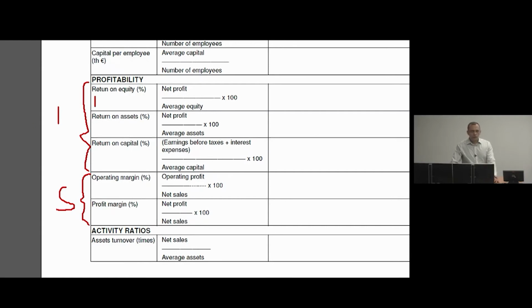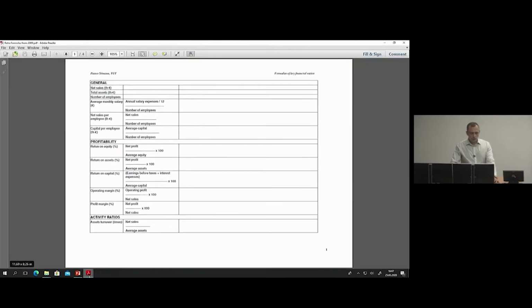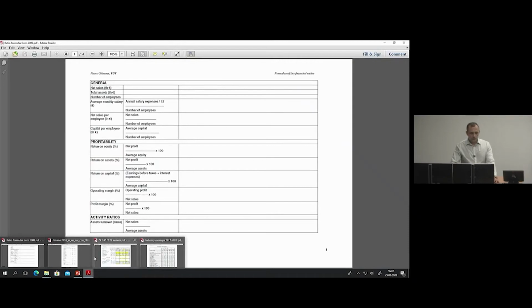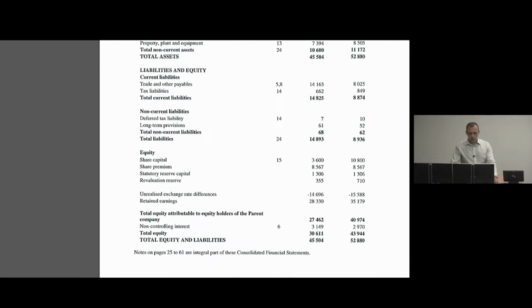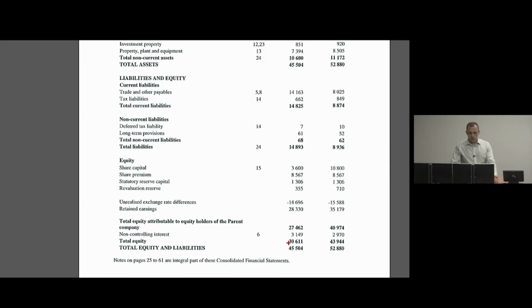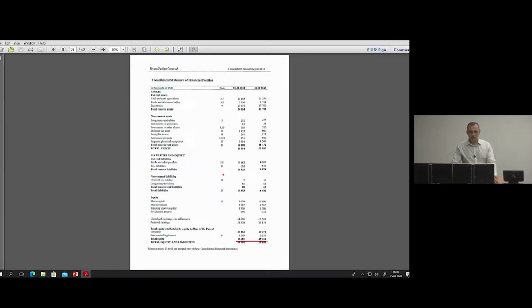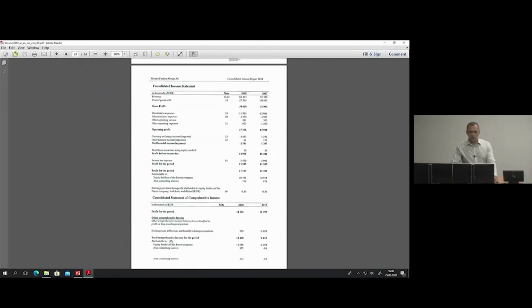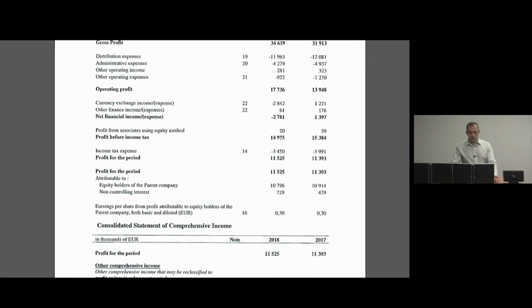Return on equity, this has a very famous abbreviation, ROE. Let's calculate. Average equity we just used a minute ago. So average equity we can calculate based on these two numbers. And net profit we can find from the income statement.